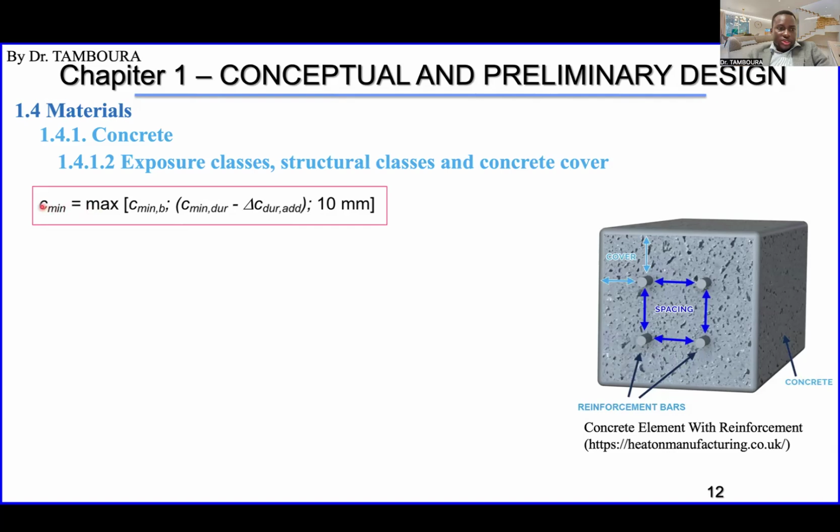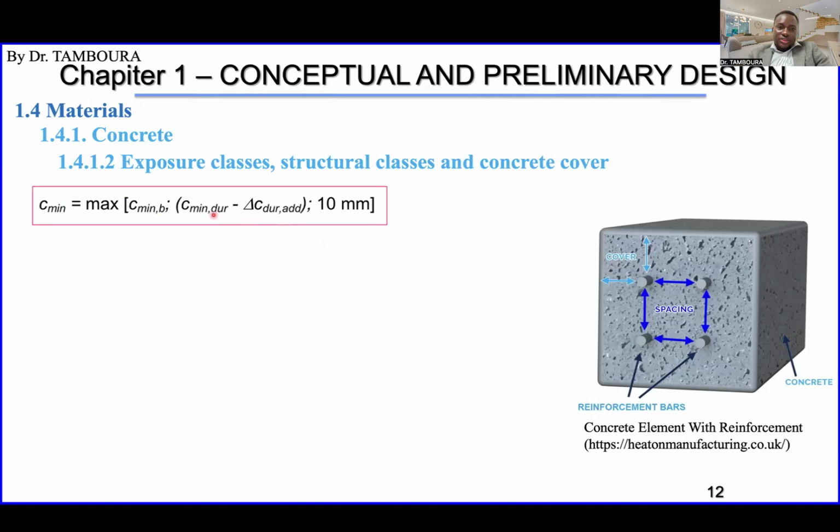So remember, this is the minimum C, minimum cover due to the bond and to the durability, okay? So it should be the maximum between this value and this value and 10 millimeter. It means if this one and this one are less than 10 millimeter, you still have to keep 10 millimeter.